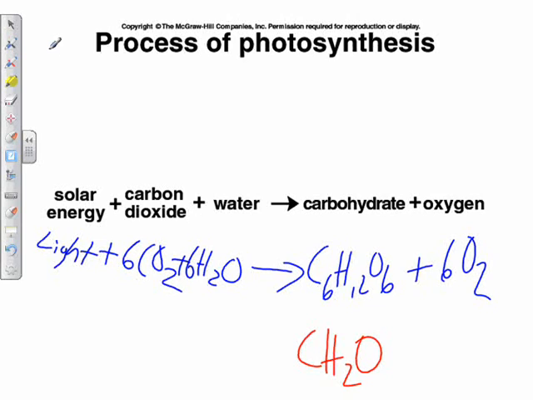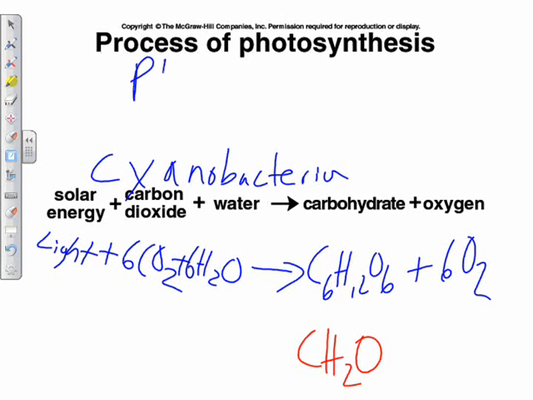Now, in terms of photosynthesis, we all know plants can do photosynthesis. Are there other things that can do photosynthesis besides plants? Cyanobacteria. There are some bacteria that can do photosynthesis, and we usually call those cyanobacteria. So we got plants, we got cyanobacteria.